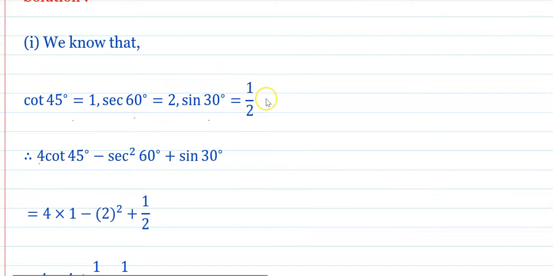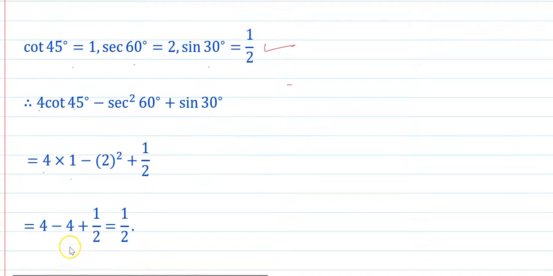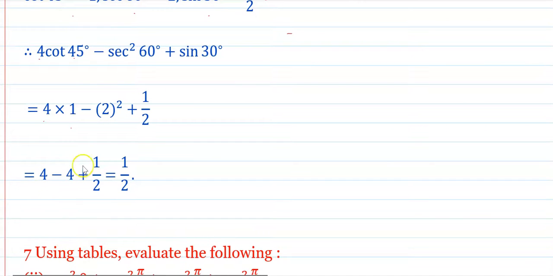Now substitute: 4 into cot of 45, cot 45 is 1, sec 60 is 2, that is 2 square, sin 30 is 1 upon 2. If we simplify, 4 into 1 you will get 4 minus 4 plus 1 upon 2. 4 minus 4 get cancelled and hence it is 1 upon 2.